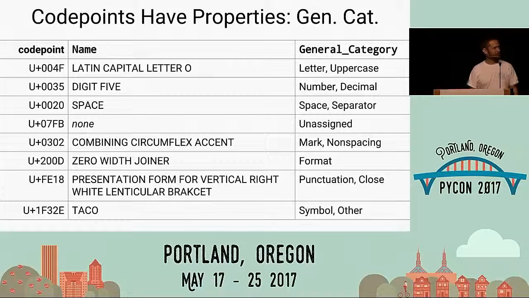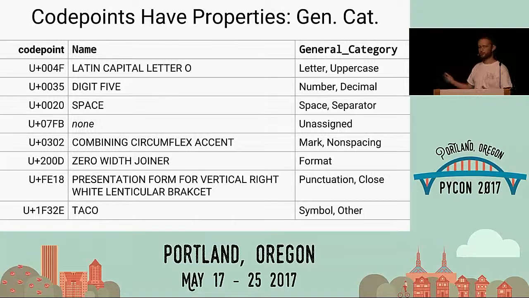Another property is general category. This is a stand-in for when we say letters and numbers. In regexes, when you define character classes as digits, this is how you pick which actual characters you're going to match. Again, these are open categories.